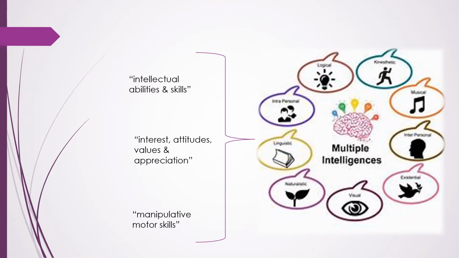Since learners vary in skills and interests, that's why we have what we call multiple intelligences. No one has the monopoly of all intelligences. It may happen that we are good in one intelligence, but we are weak in the other intelligence.